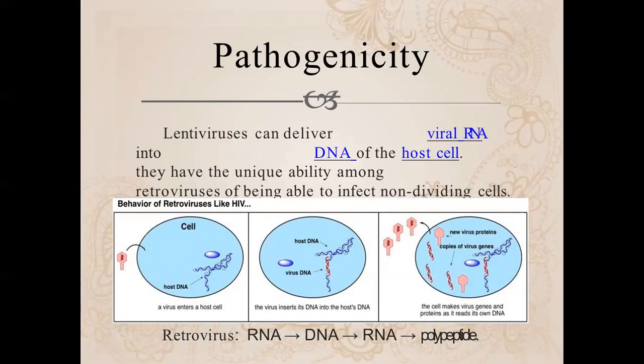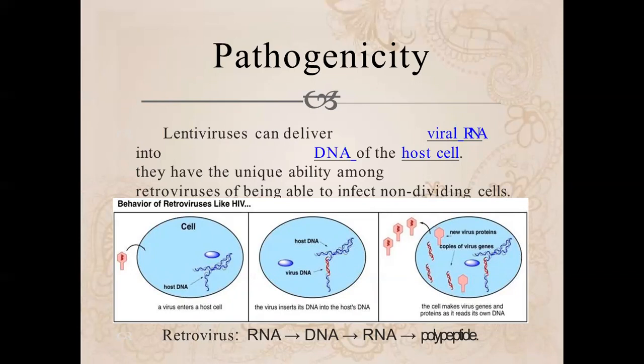Without the cell dividing, they are able to infect it. In a retrovirus, RNA is converted to DNA, then to RNA and polypeptide, and so on.